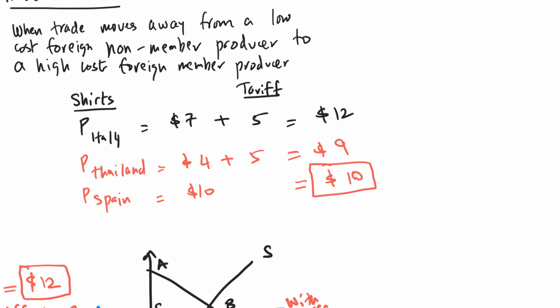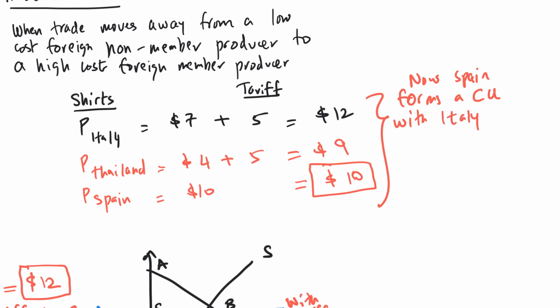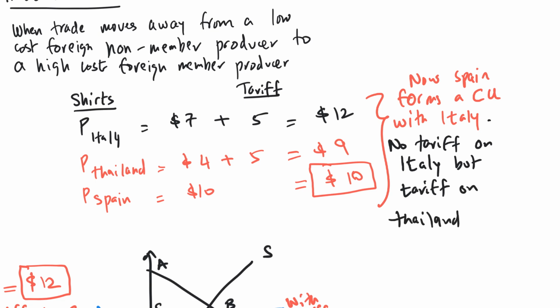But what about the cost, everything included, transport and so on. Now Spain forms a customs union, CU for customs union, with Italy, which means no tariff on Italy, but tariff on Thailand will remain.